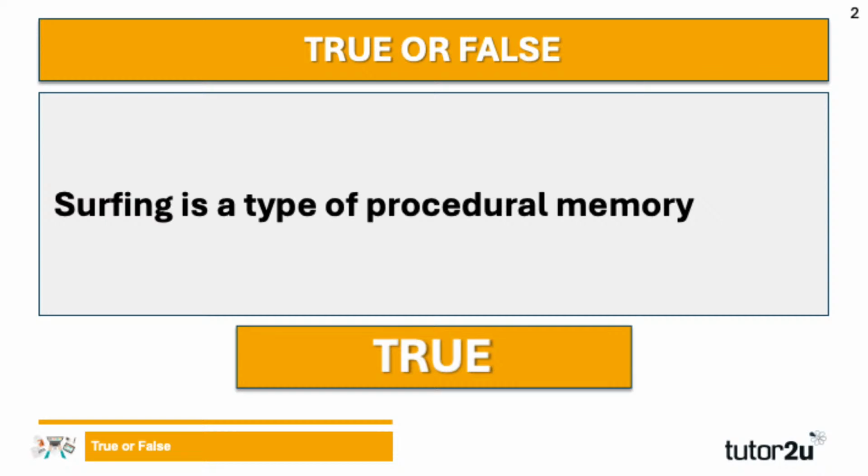Why would surfing be a procedural memory? What is a procedural memory and why would surfing be considered one? How to do something? Yeah, we could say how to do something. Can you push that a little bit further? What does that mean, how to do something? Okay, good. So memories of skills that are automatic, remembering how to do something, and action skills. Excellent, perfect. Let's go on to the next one.